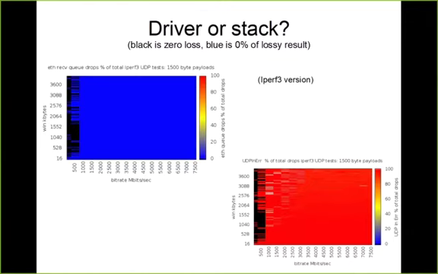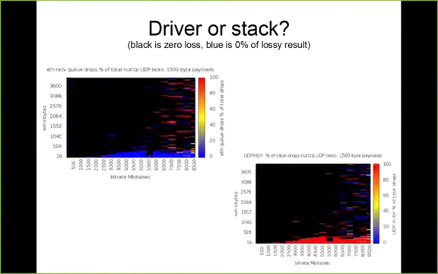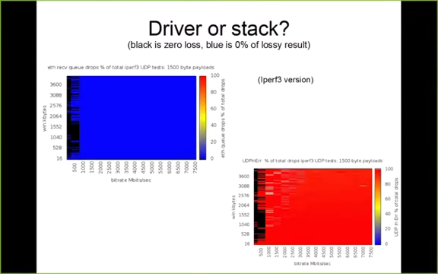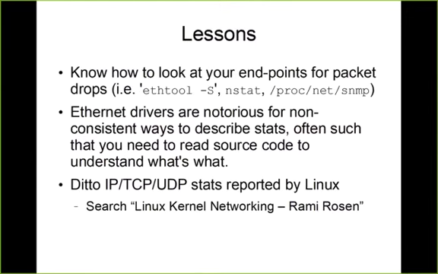I'm sure if the iPerf3 developers got a hold of me, they'd give me a better way to run iPerf3 or something, and it might get less loss. But using the same mindset as I was running NUTTCP tests with iPerf3 at the time, there was a lot of loss. So both at 1500 byte payloads. I should say these two where you compare the driver stack, that's all 1500 bytes because that's where the loss was.